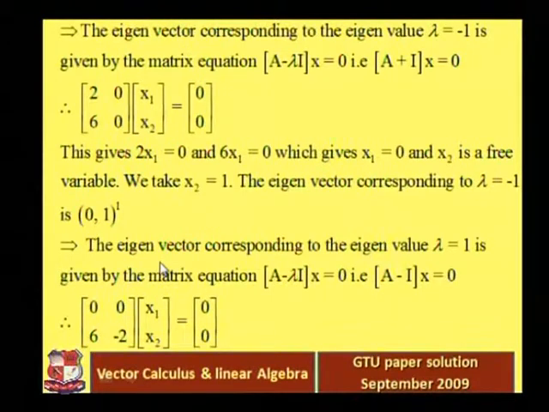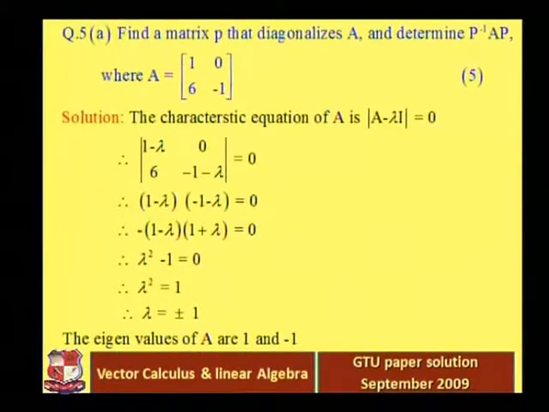Next is the eigenvector corresponding to the eigenvalue lambda equal to 1, given by the matrix equation A minus lambda I into x, that is equal to 0. So A minus I into x equal to 0. Our matrix is 1 0 6 minus 1, and I is 1 0 0 1.